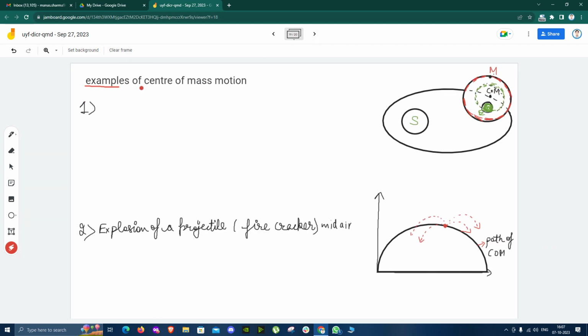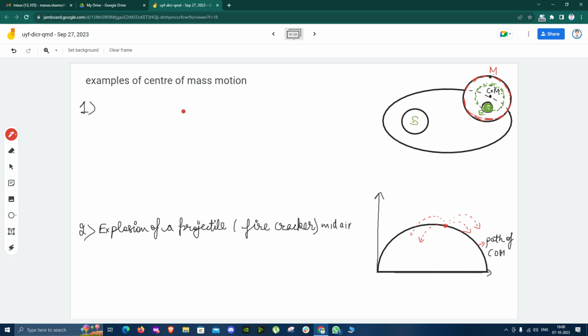Okay, so now we will study the center of mass motion and some examples of it. The first example is a very interesting one: the motion of Earth around the Sun, which is elliptical.